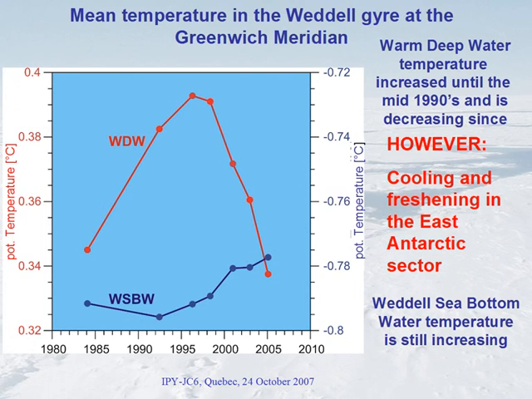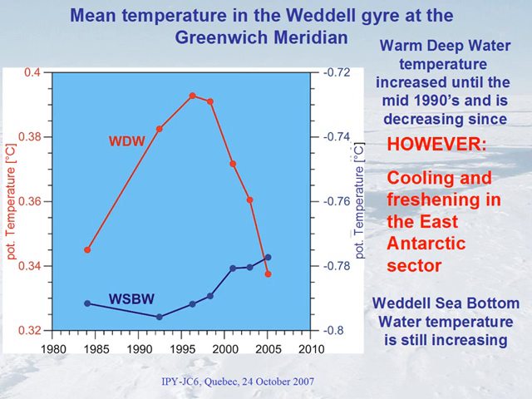Similar systems are needed in the Antarctic Ocean, because there we see significant changes as well. The inflowing water warmed for several years. In between they are cooling, so there is no clear trend.